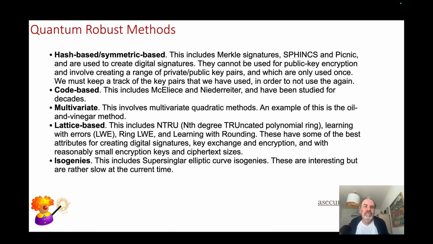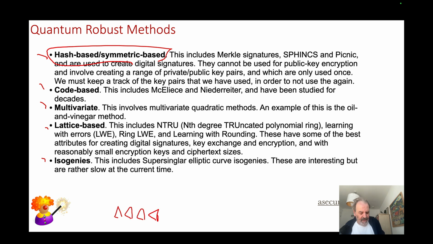Okay, so let's look at the post-quantum standards that have been developed. Basically, there are 5 main problems that are still hard problems when it comes to quantum computers. Hash-based methods have been around for a while and basically involve Merkle trees where we can hash and then keep hashing and have a root. It's a very, very secure method and well-defined.